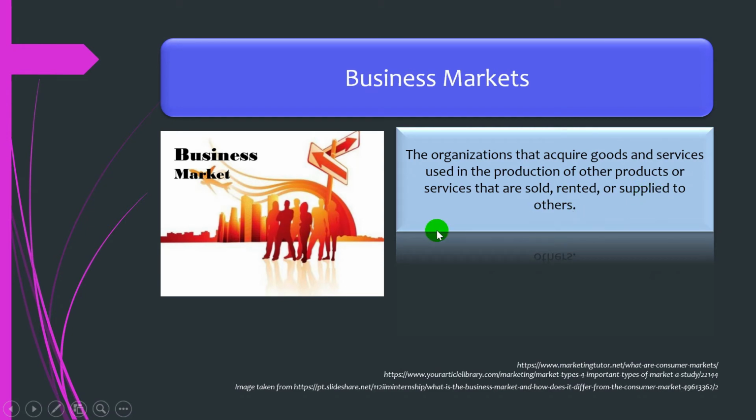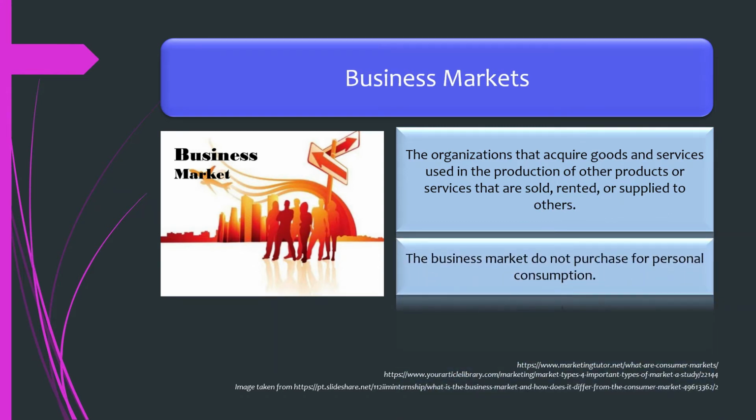Which means, if you are the business marketer, you are going to buy things or services because you are going to make other products by using the things that you have bought, because your last goal, your objective, is to sell your things or your services again. So you are not the end users, you still expect somebody else to buy your goods and your services.